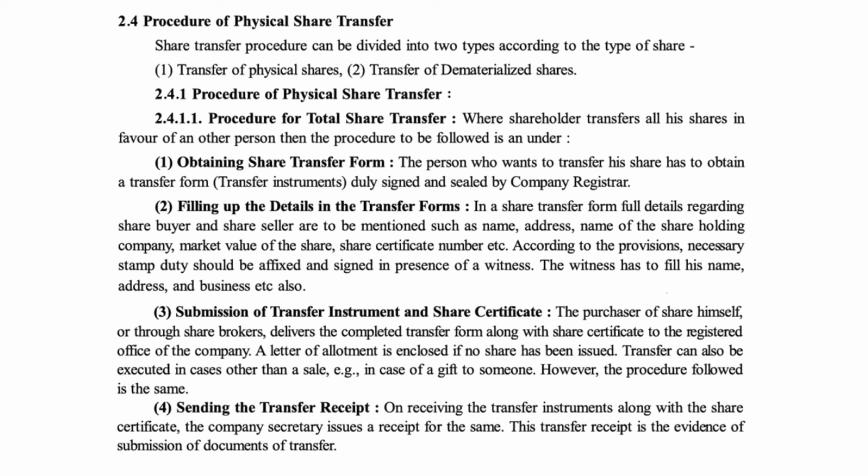The third point is, along with the share transfer form, you have to attach your original share certificate. In case you have misplaced the share certificate, or you have not received it, then you have to attach a letter of allotment of shares.